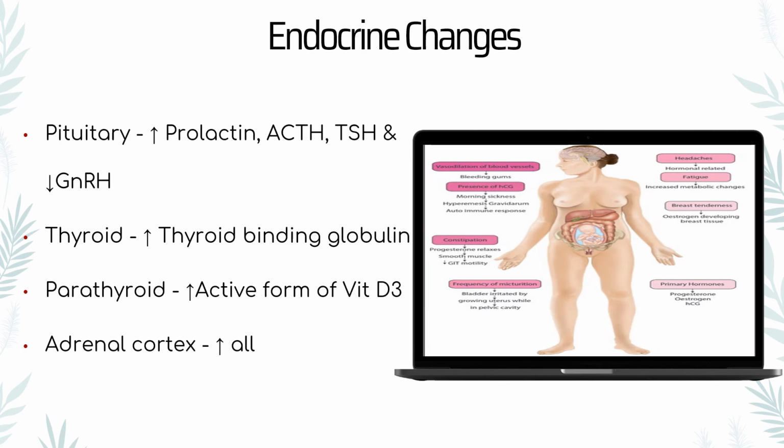Aldosterone secretion increases progressively and reaches up to 6 to 8 folds at term. Normal pregnancy is also associated with the increased secretion of angiotensinogen, renin, and vasoactive substances, which includes angiotensin 2. Other mineralocorticoids and deoxycorticosteroids are increased.